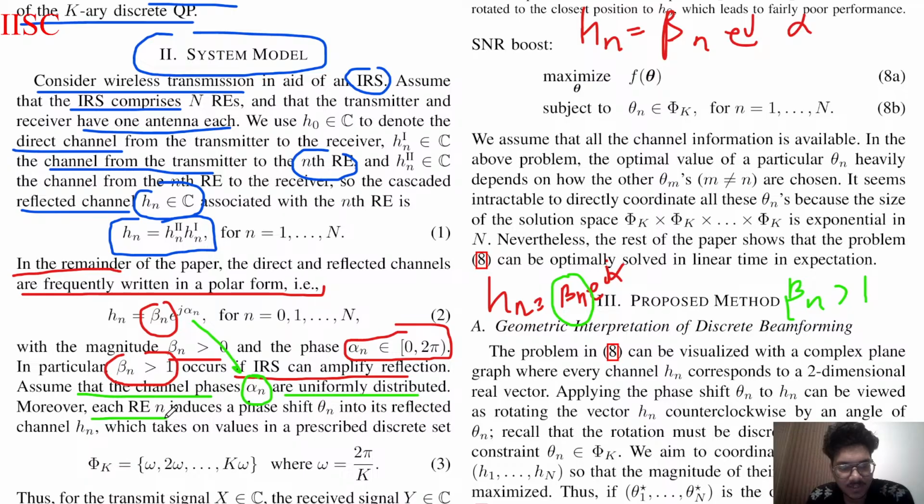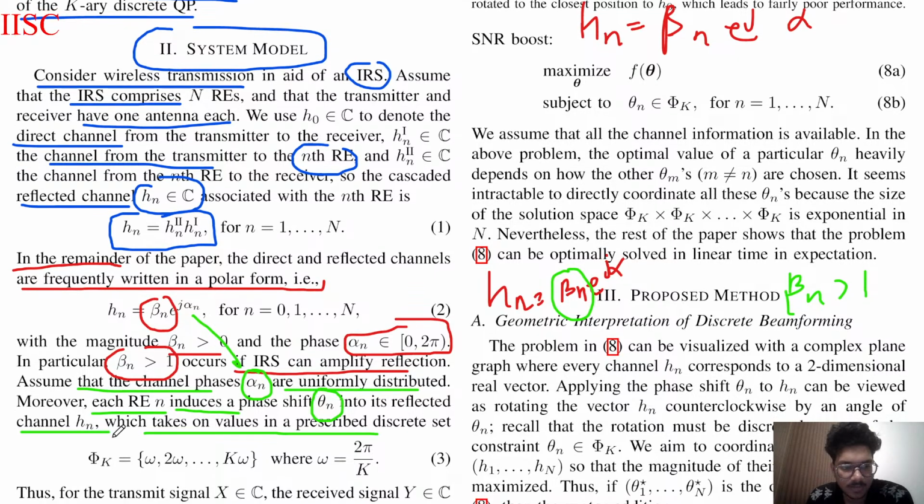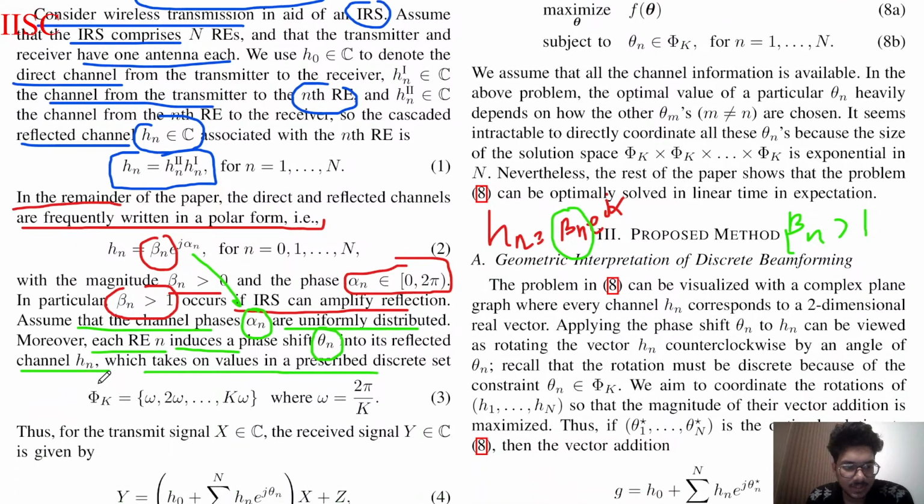Moreover, each reflective element n induces a phase shift of theta n into the reflective channel Hn, which takes on a value in a prescribed discrete set. Omega is termed as 2 pi by K.